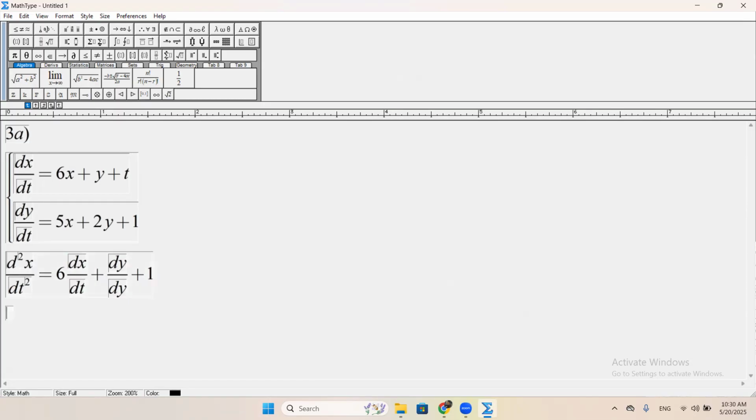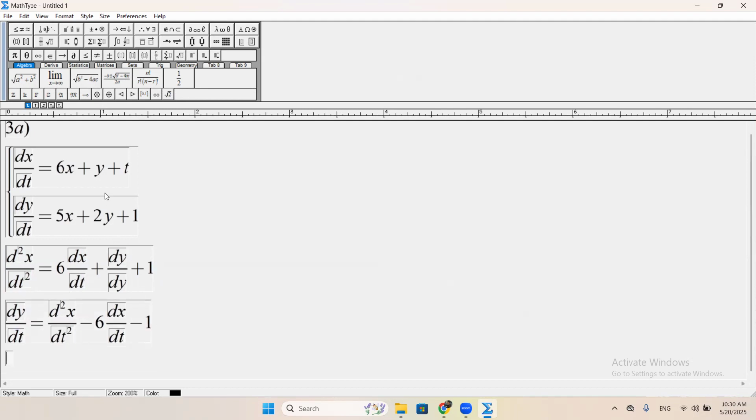Then dy by dt equals d2x by dt twice minus 6 dx by dt minus 1. And y equals dx by dt minus 6x minus t.